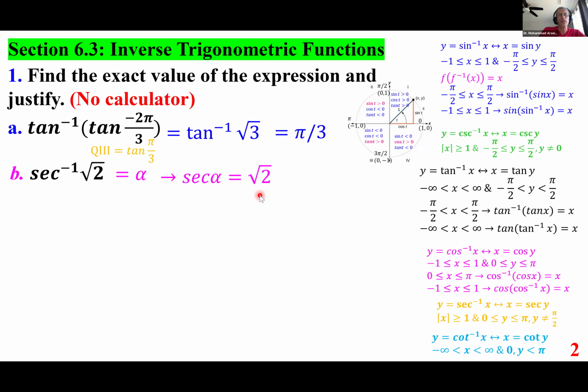Secant is 1 over cosine. If secant is the square root of 2, cosine is 1 over square root of 2, or square root of 2 over 2, which makes alpha pi over 4. In other words, from secant, we end up with cosine because we know trigonometric values of cosine. That's why.